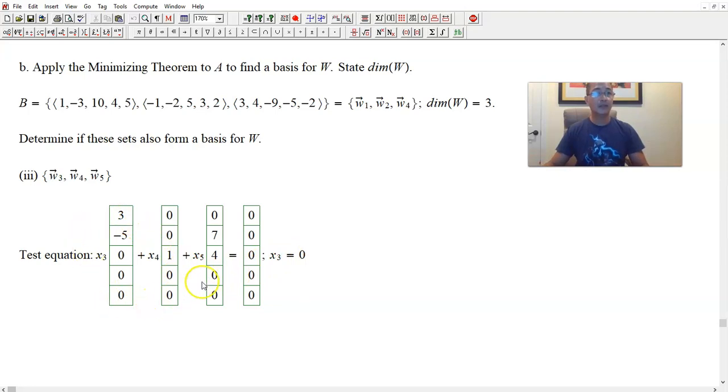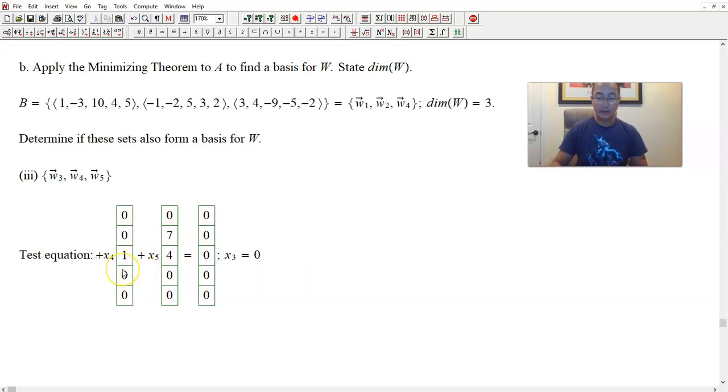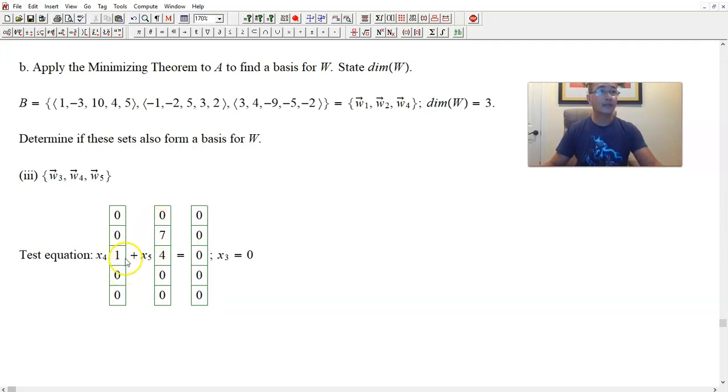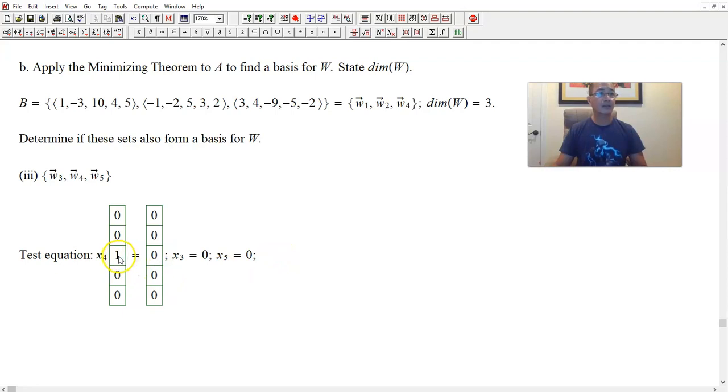So once x3 is gone, now let's focus on just these two. Yeah, let's get rid of x3. Goodbye. Now we only have x4 and x5. Okay, now 7 is all alone. So therefore x5 is 0. And then finally, once x5 is gone, of course, that 1 is all by itself. x4 has to be 0.